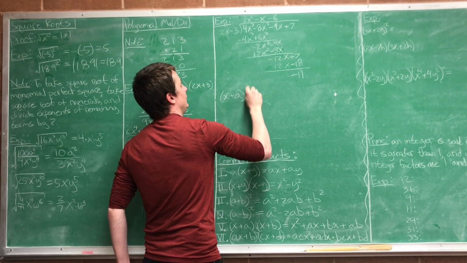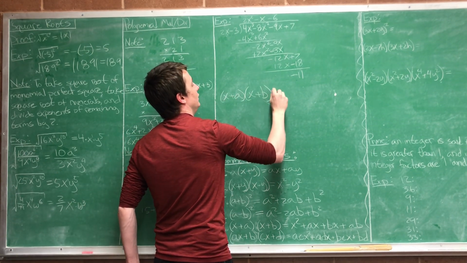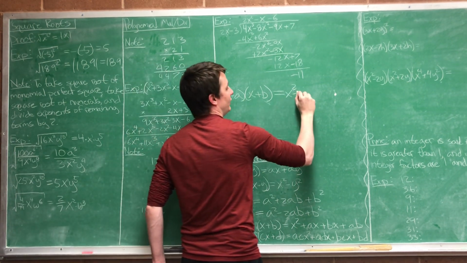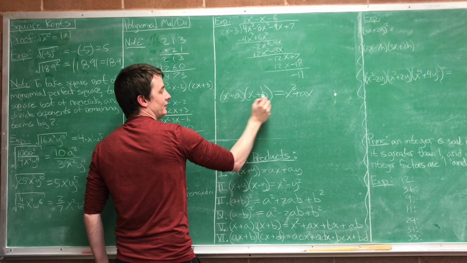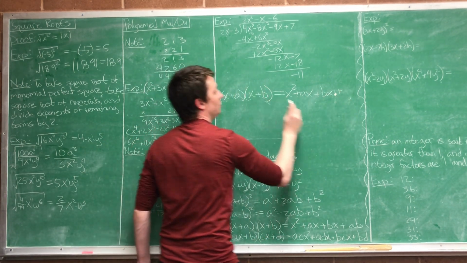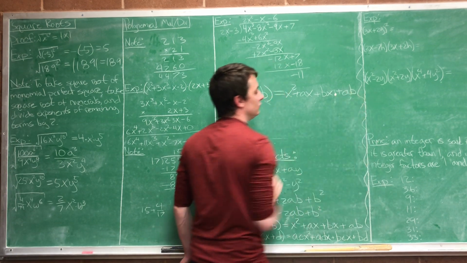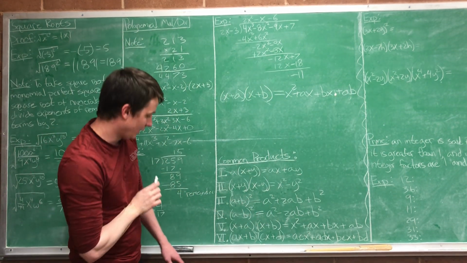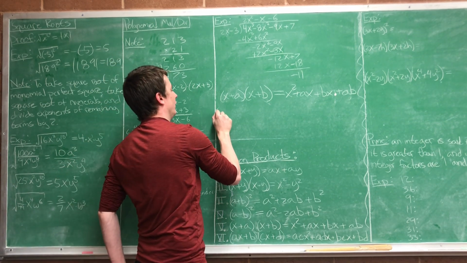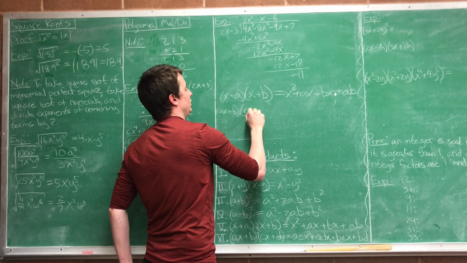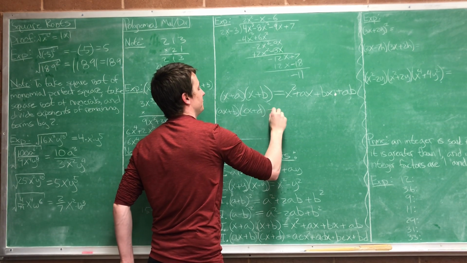(x plus a) times (x plus b) is equal to the x times the x gives us an x squared. a times x gives us ax. x times b gives us bx. And a times b gives us a times b. Finally, let's do our last one. The last one is we have (ax plus b) times (cx plus d).